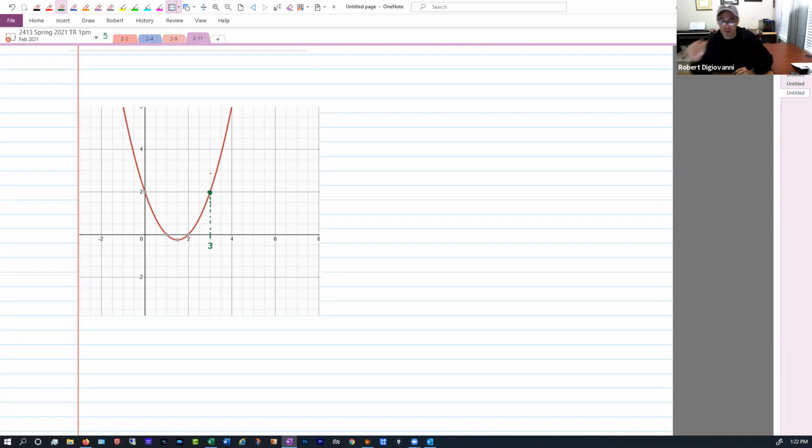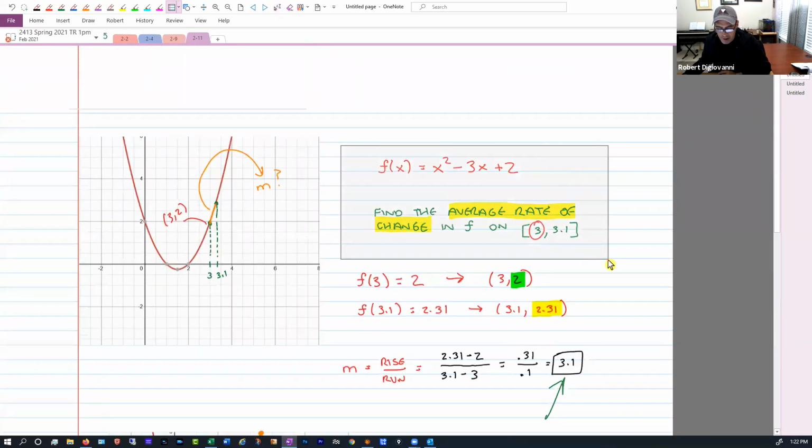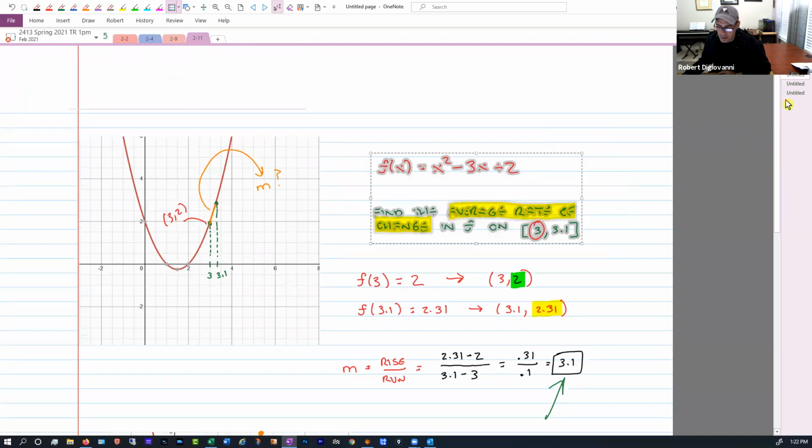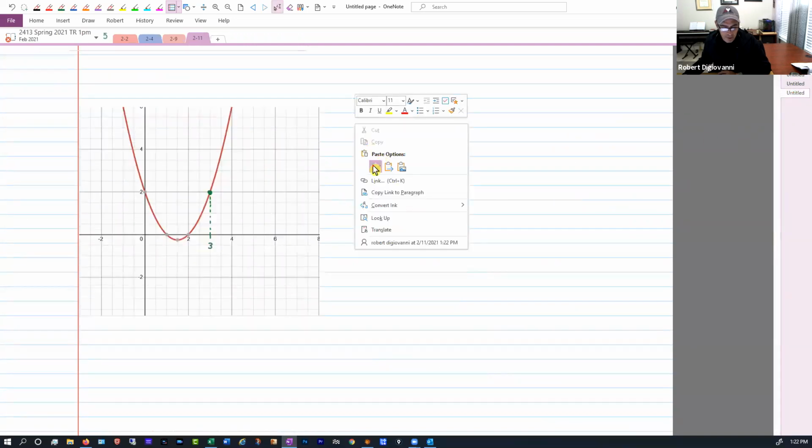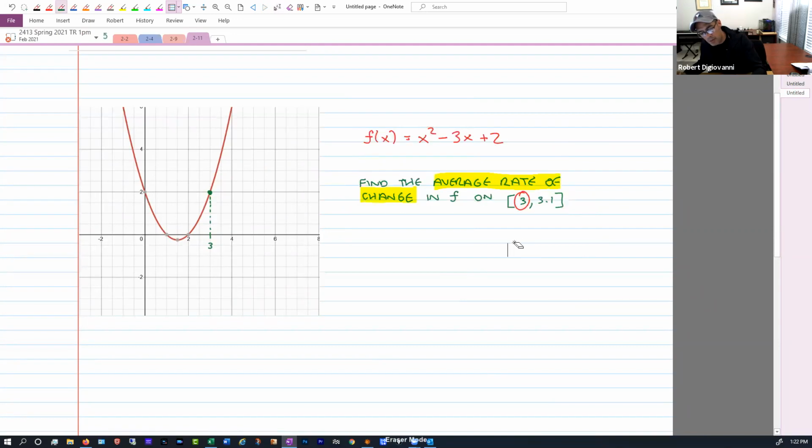So watch this. Here's what I'm going to do. I'm going to be clever. In math, we like to be clever. Makes us feel good about ourselves. So here we go. I would like for us to pick the point 3 and not 3.01 or anything like that.